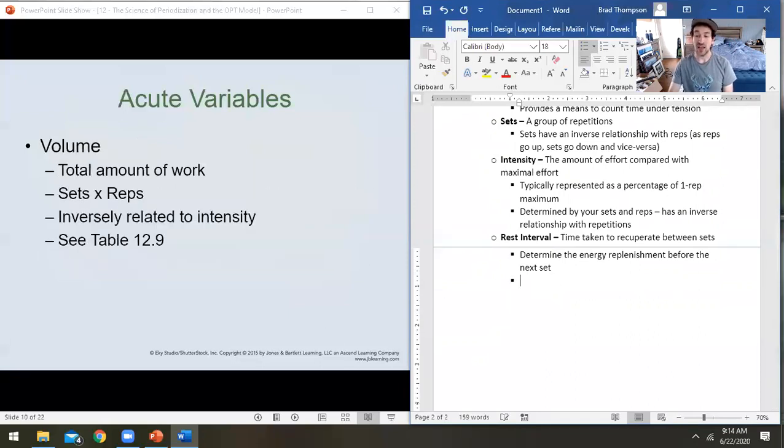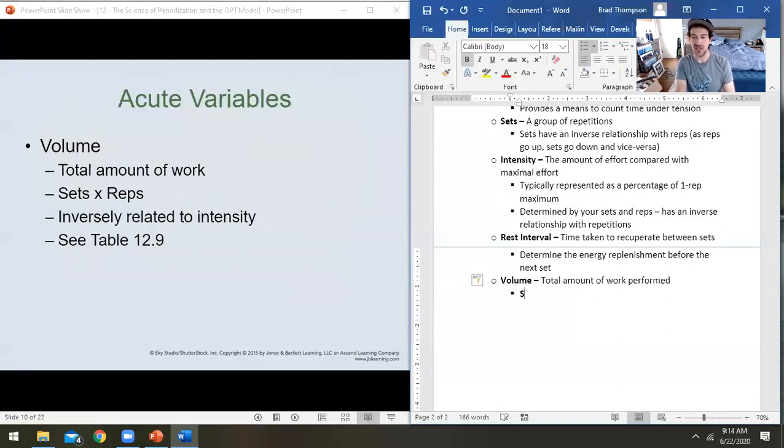Now, a general term that you're going to hear is volume or training volume. Your training volume is as simple as your sets times your reps. So it's the total amount of work performed.